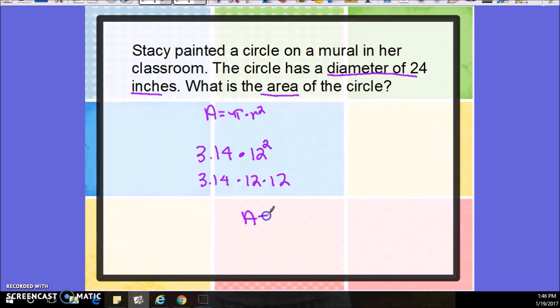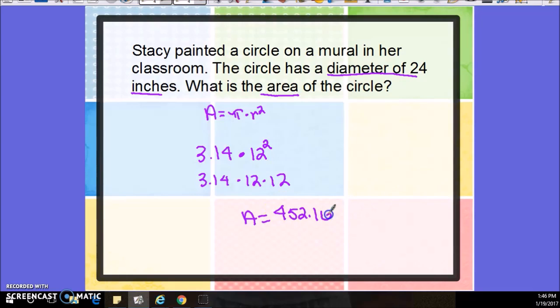And it gives you an area of... Alright, so 3.14 in your calculator times 12 squared, you should get 452.16.